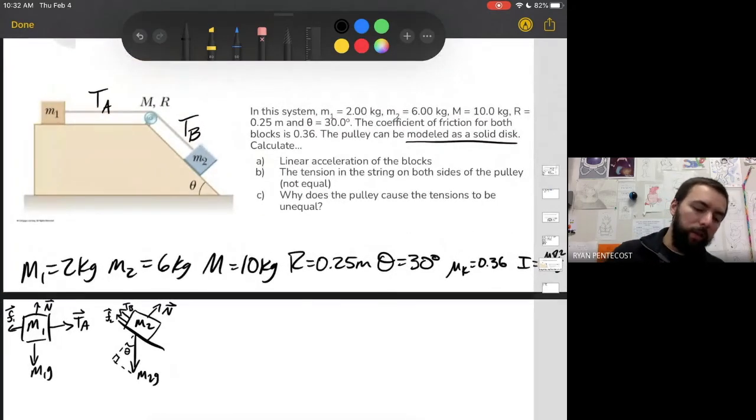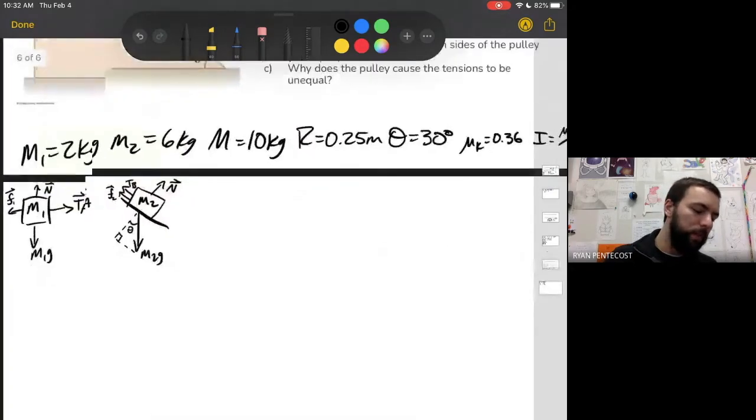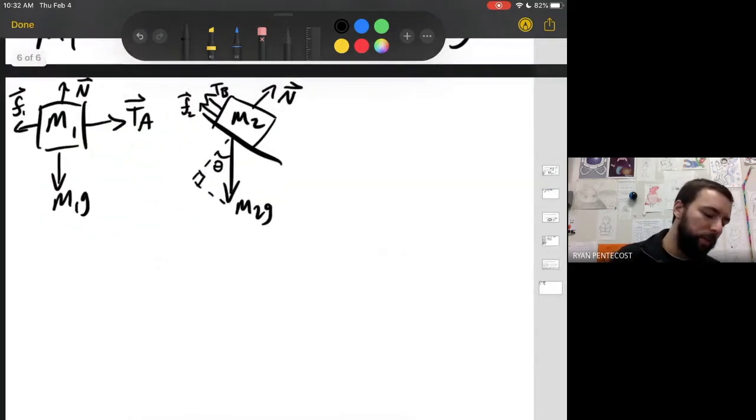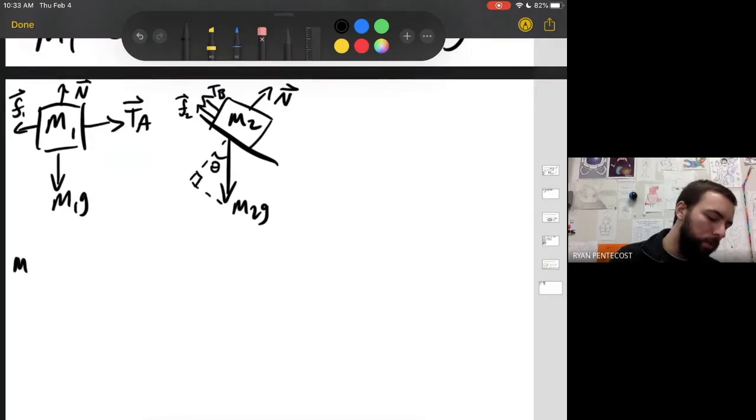Now, we need the linear acceleration of the blocks. We'll start there. So let's get our summation of forces for these. For M1, we're just dealing in the direction of motion, right? So in the Y, we're going to disregard those for a second.